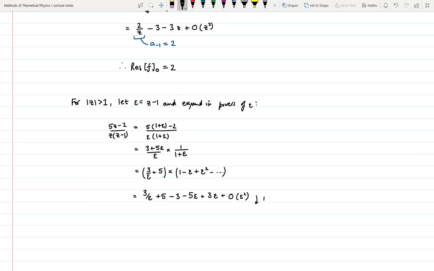Finally, let's substitute back in terms of z, and this leaves us with 3 over z minus 1 plus 2 minus 2 times z minus 1, and terms in z minus 1 squared. This is our Laurent series, and again we can read off the residue here as 3.